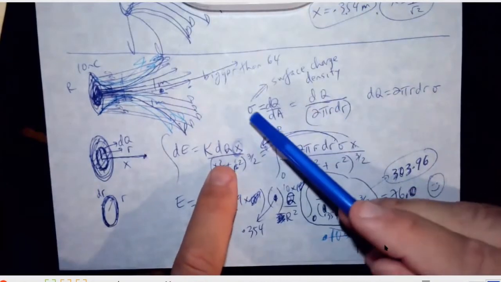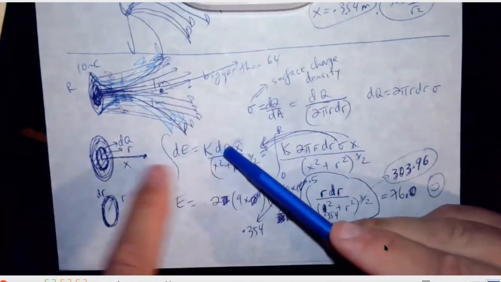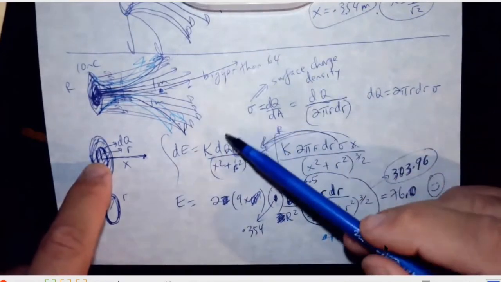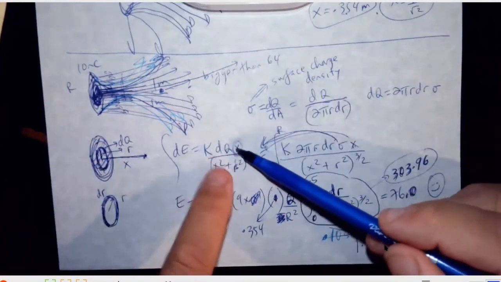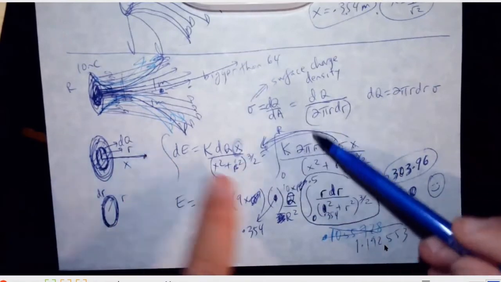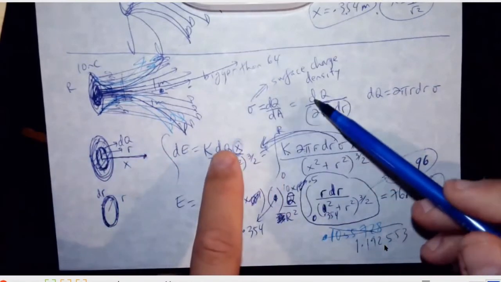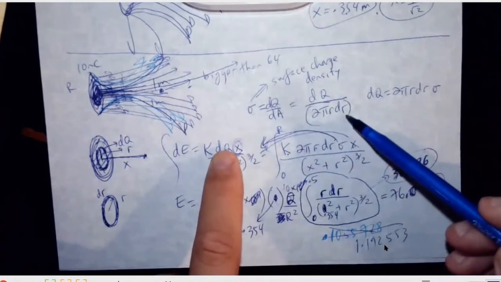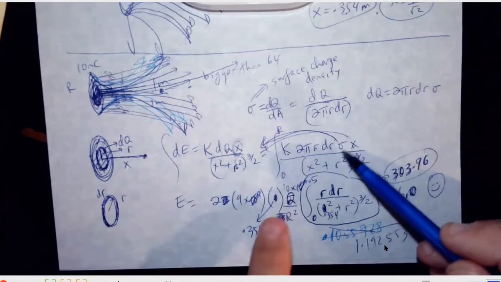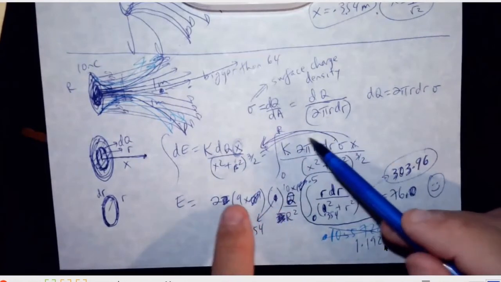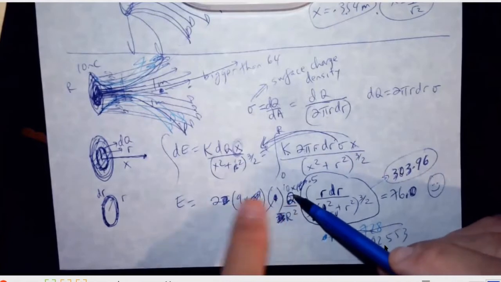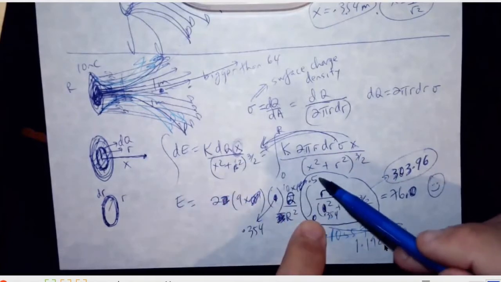You take a bunch of rings, then dE equals K dQ x over x squared plus R squared. Then dQ is 2 pi R dr sigma. Then you put it in here, the sigma came out, the 2 pi R came out, the x came out, everything. Then we integrated it from 0 to 0.5.